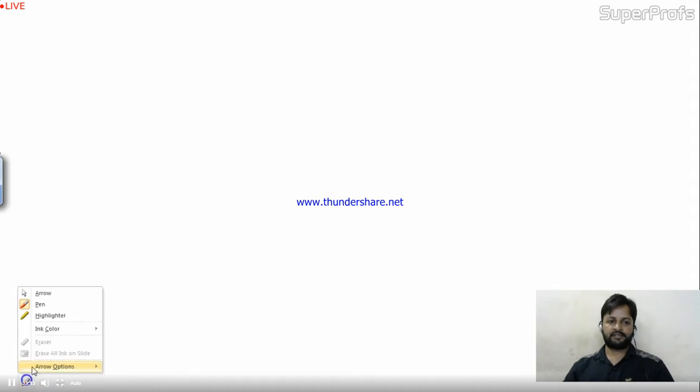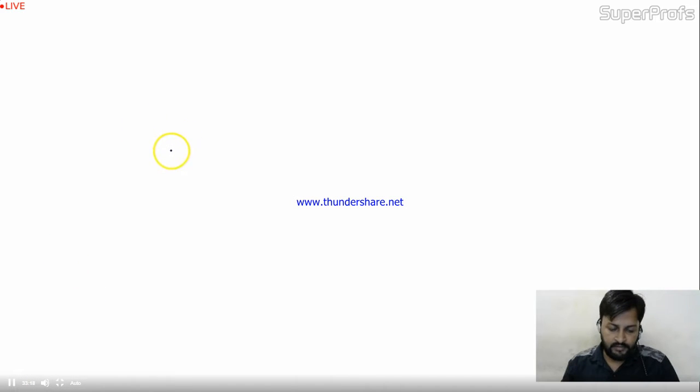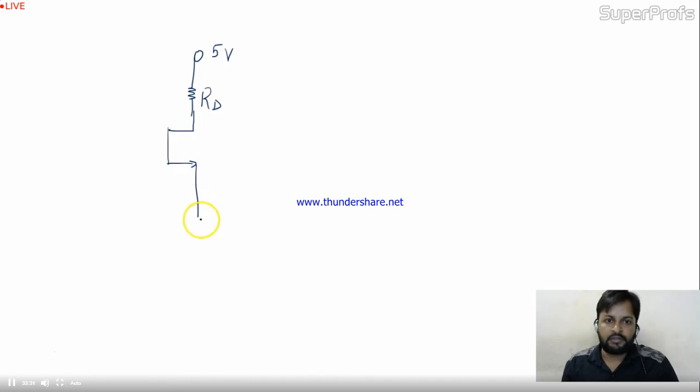So let's come to the next problem, and the problem given is, let me draw the circuit. The circuit is RD connected with 5 volt. This is grounded.